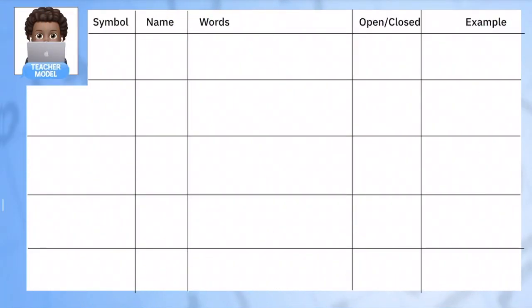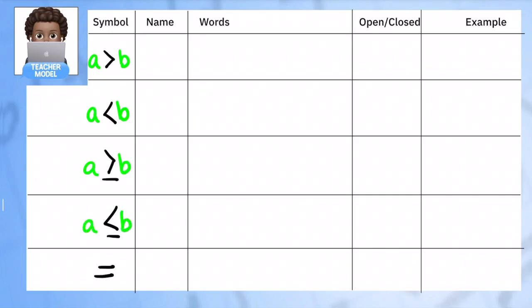Before we jump into some models, I want to go into some vocabulary and we're going to talk about these symbols. And we're going to use them using just an A and B for helping us understand this.